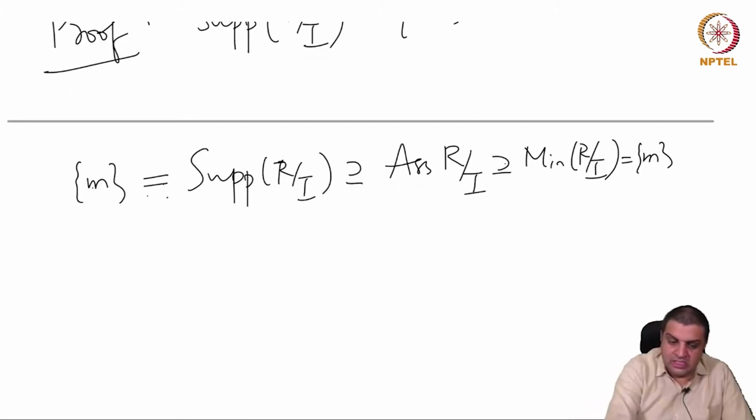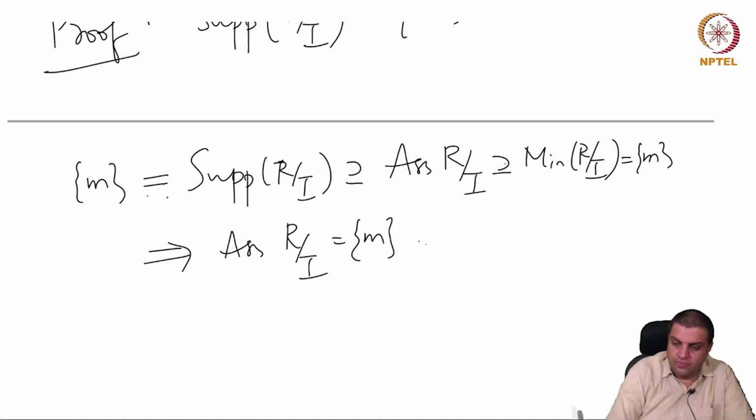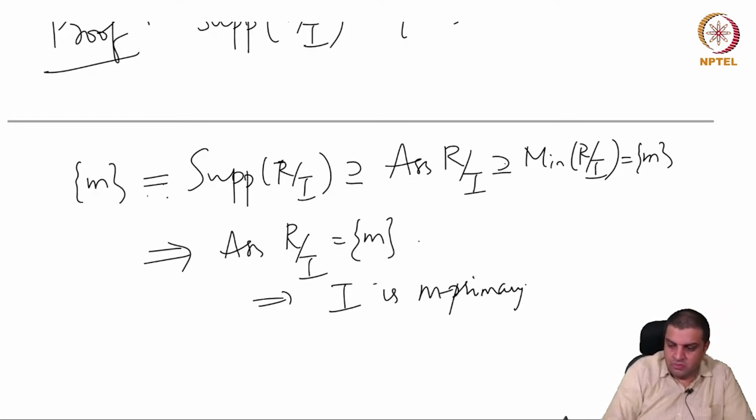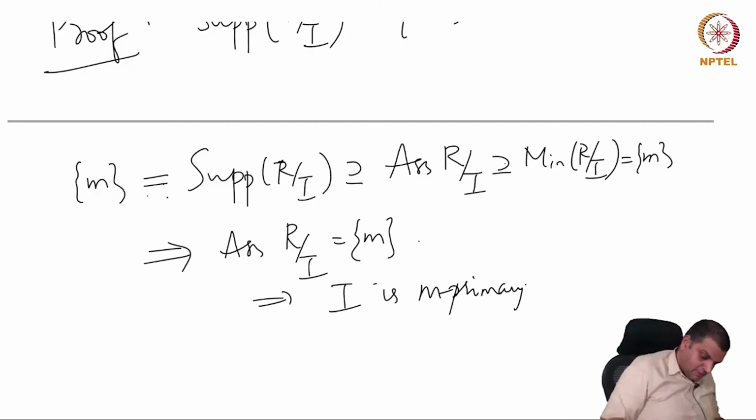Because this is a singleton, that is the unique minimal element, and all of these are equal. And that says that I is M-primary. Okay, so these are some general remarks about M-primary ideals.